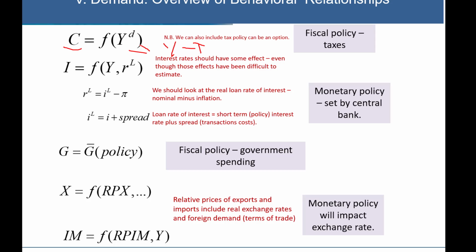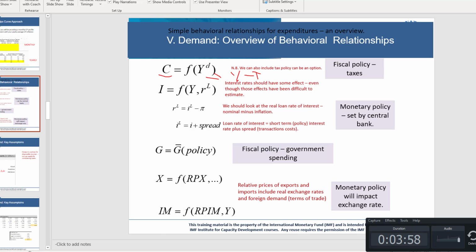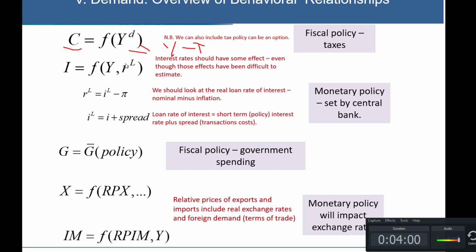And as you probably already knew, typically as households have more income available to them to spend, they will spend some more of that in terms of their consumer expenditures.